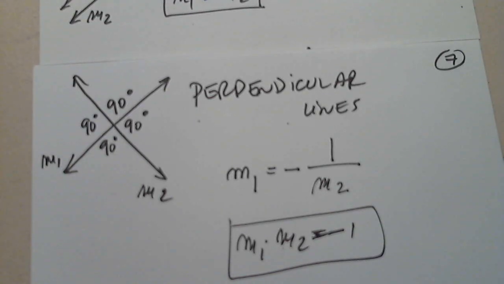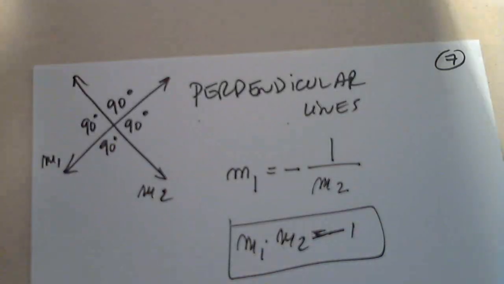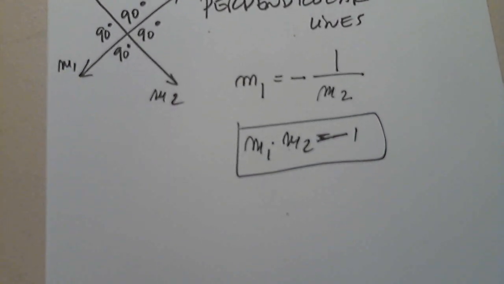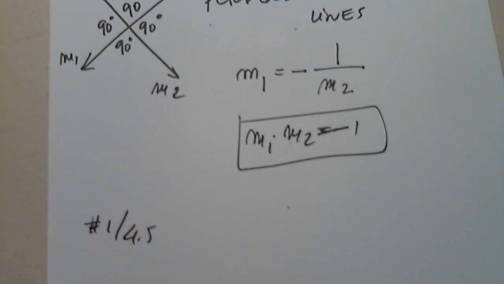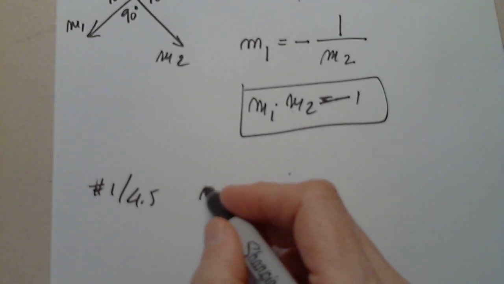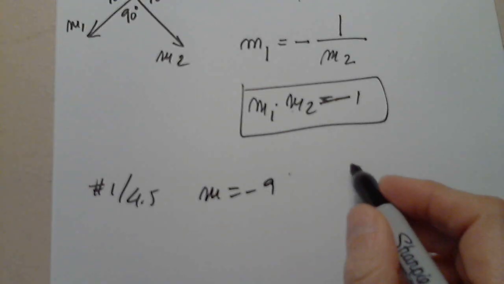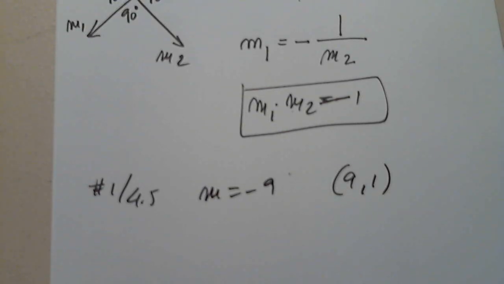Good. So now let's practice. They're giving us the slope, which is -9, in this problem. So problem 1 in 4.5. So m equals -9 and the point is 9, 1. And whatever they want, we'll figure it out in a minute.